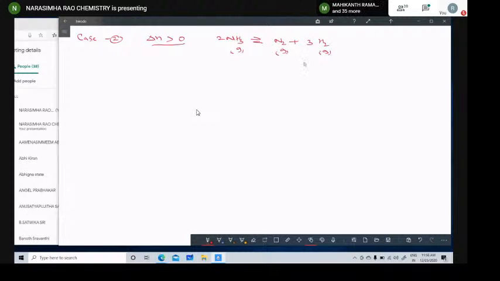It's clear: delta n for this one is 3 plus 1, 4, minus 2, which is equal to 2, greater than 0.